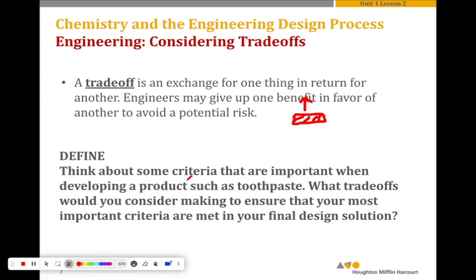So what would be some criteria that are important when developing a product such as a toothpaste? What trade-offs would you consider making to ensure that your most important criteria are met in your final design solution? Okay, so you want this nice blue minty stripe toothpaste, maybe even a red stripe.